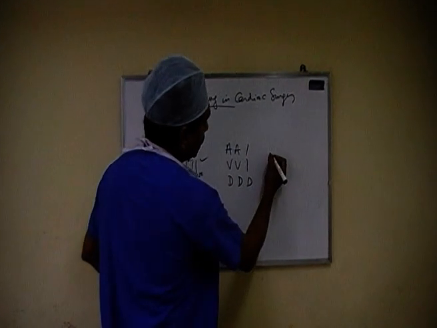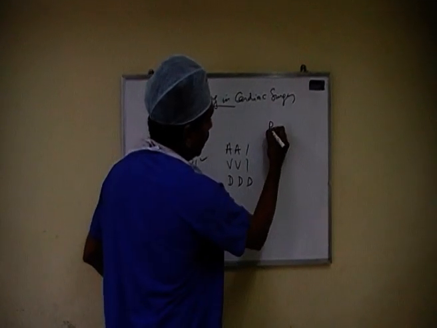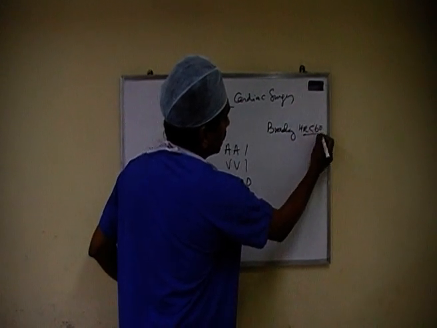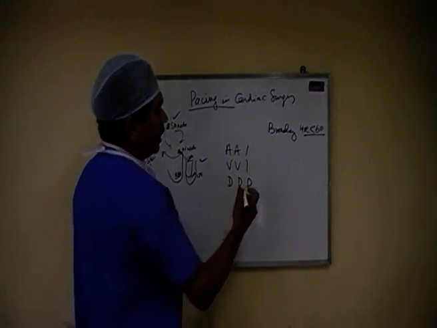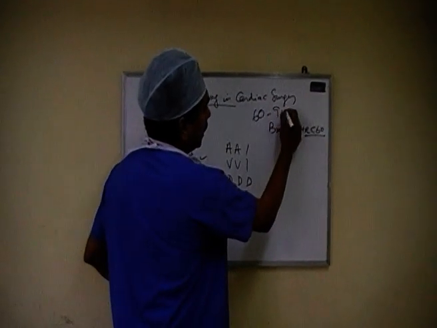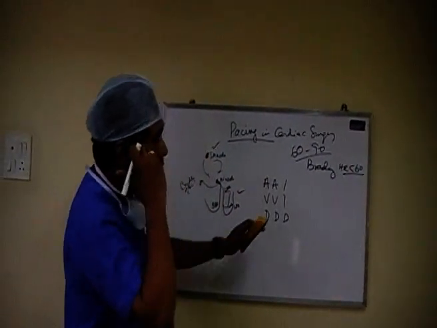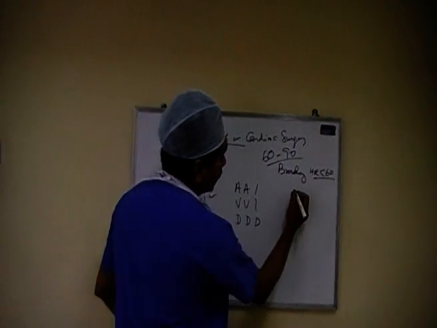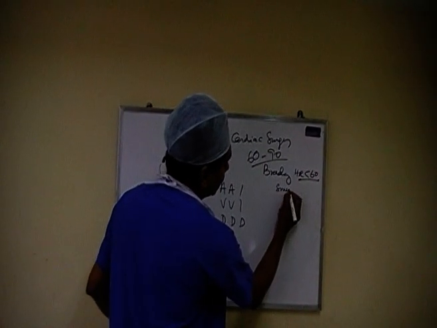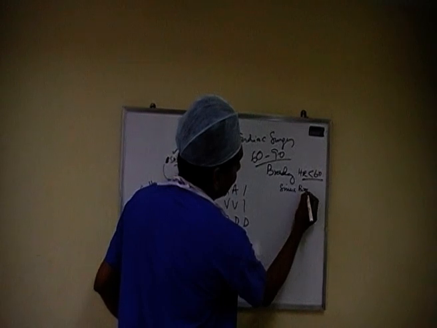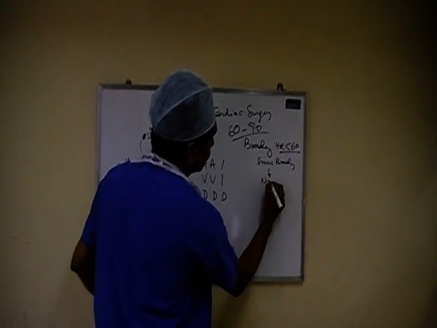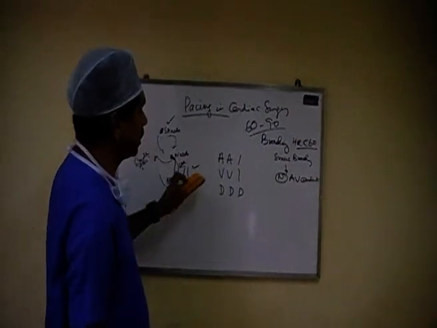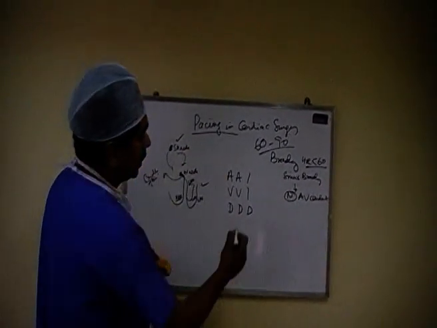If a patient has bradycardia and the heart rate is less than 60, usually normal heart rates fluctuate between 60 and 90. So we want the heart rate to be between 60 and 80, but if it is less than 60, and the patient has sinus bradycardia with normal AV conduction, then the best methodology will be AAI.